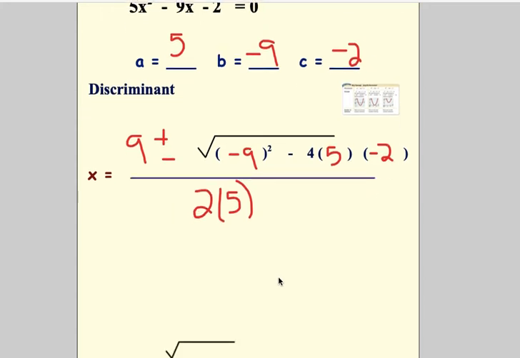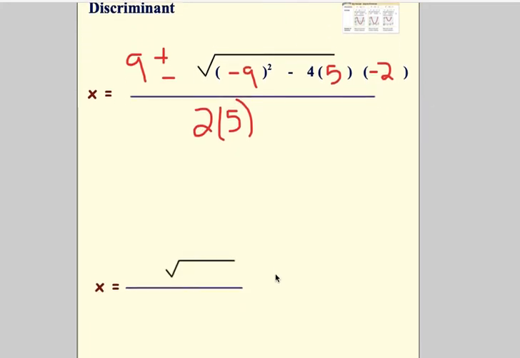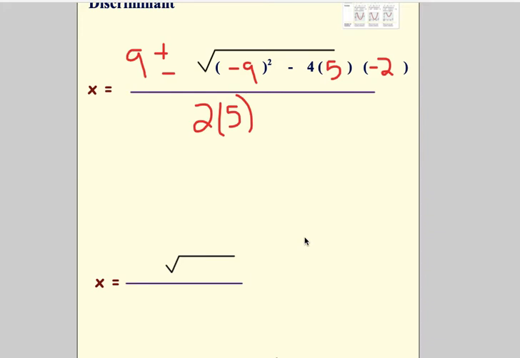So as I go into this and actually start doing some work, I'm starting to think about my 9. That's what I started off with earlier. And then I'm going to do plus or minus. So let me do plus or minus. And I believe we had 121 right here was the discriminant. And then I have 2 times 5, and I believe 2 times 5 is 10.